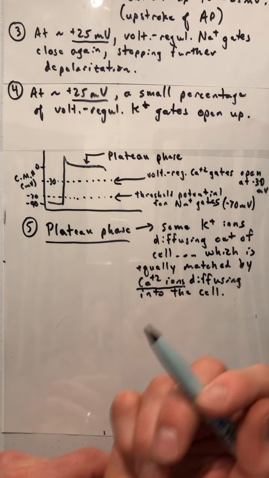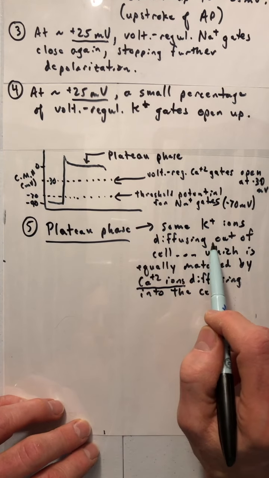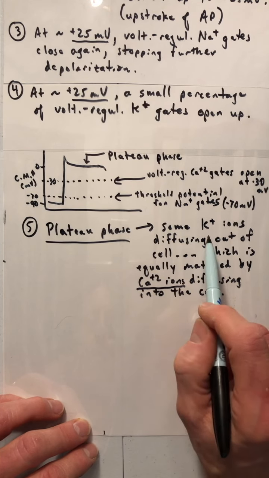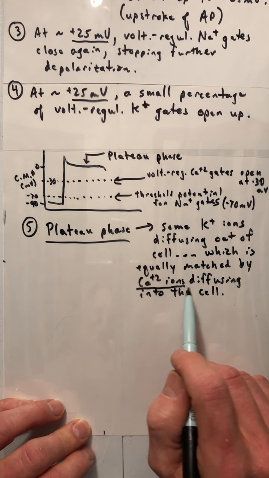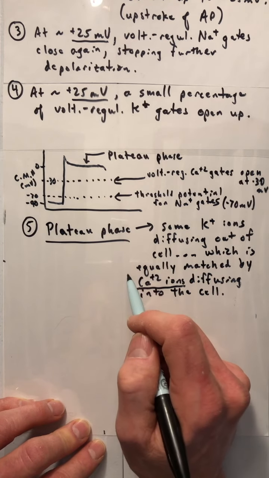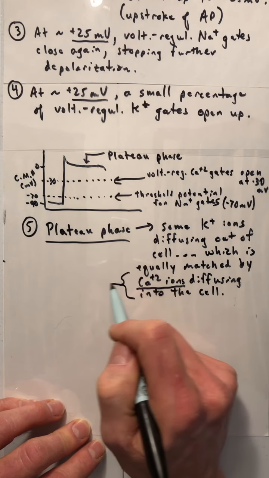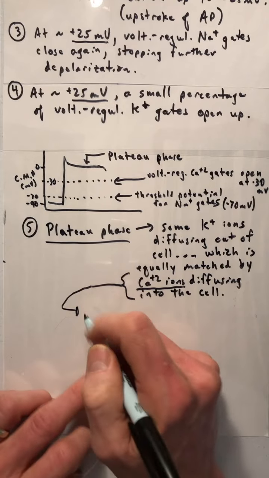So just to complete the notes here, the amount of positive charge diffusing out in the form of potassium is matched by the amount of positive charge flowing in the form of calcium ions. And I'm just going to put a bracket here. Those calcium ions are diffusing in.